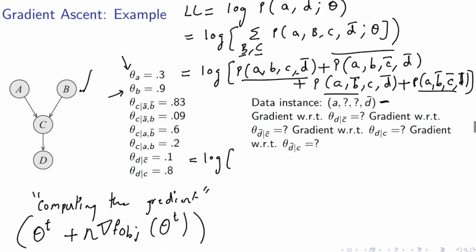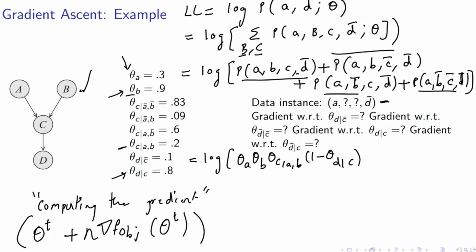This will be equal to log of theta A, because A is true, times theta B, because B is true, times theta of C given A comma B, that parameter here, times theta of D bar given C. But we are never representing D bar given C because we are only representing D given C, right? So the last quantity will be equal to 1 minus theta of D given C.